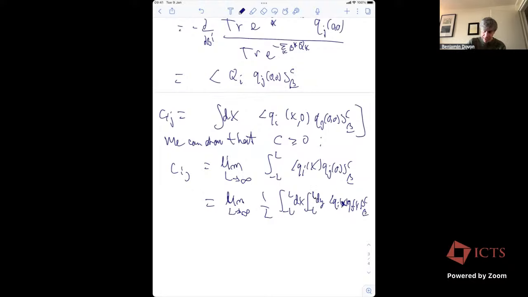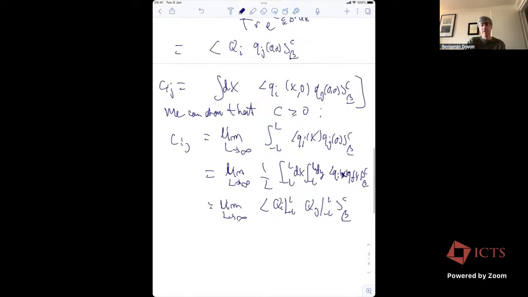Now this is the limit when L goes to infinity of Qi between minus L and L times Qj between minus L and L. If i equals j, this is Q squared, and Q squared is non-negative.